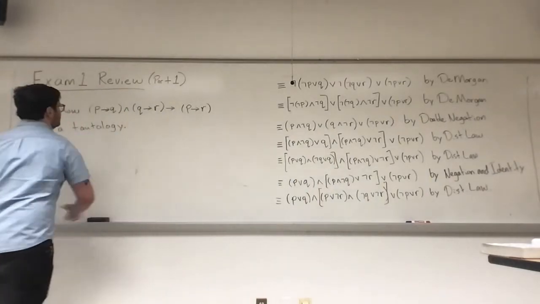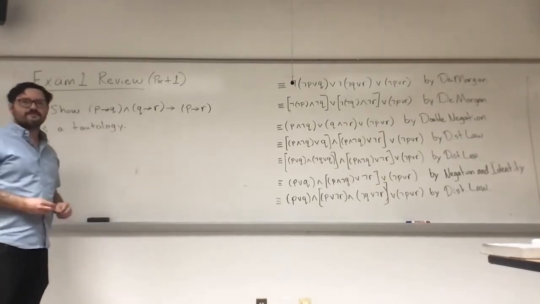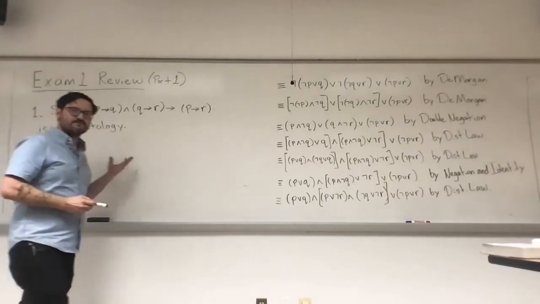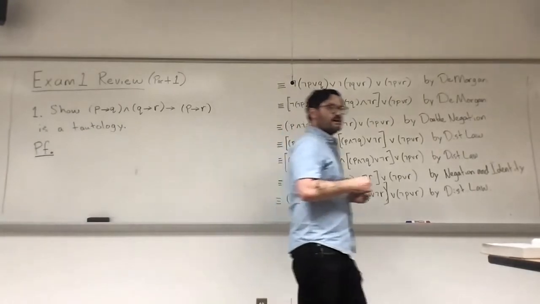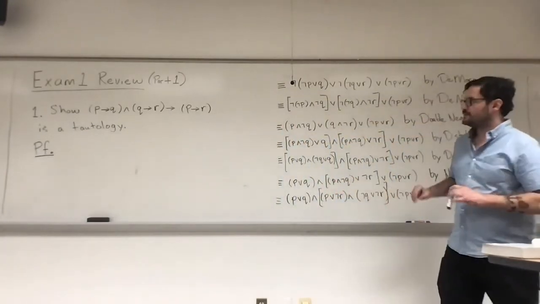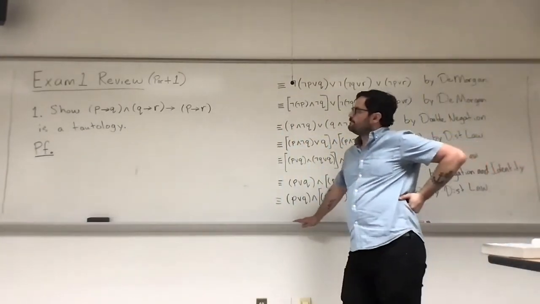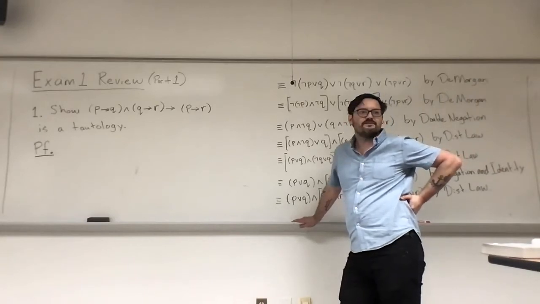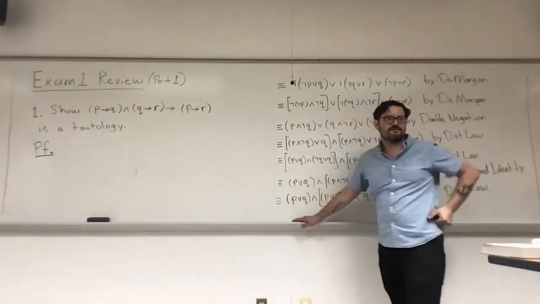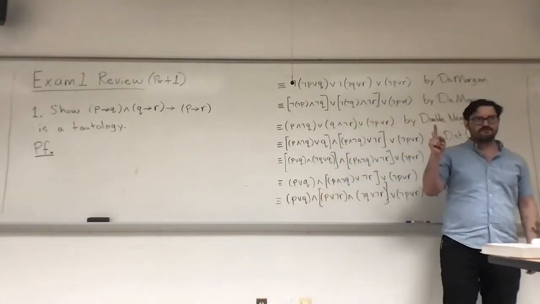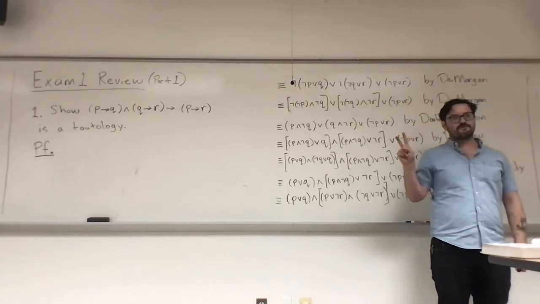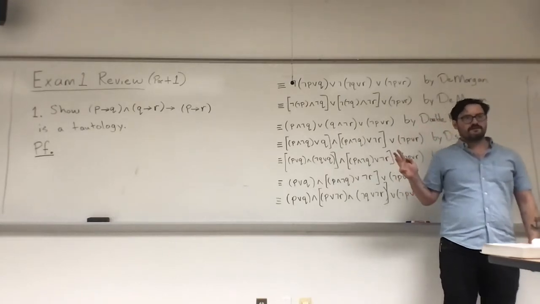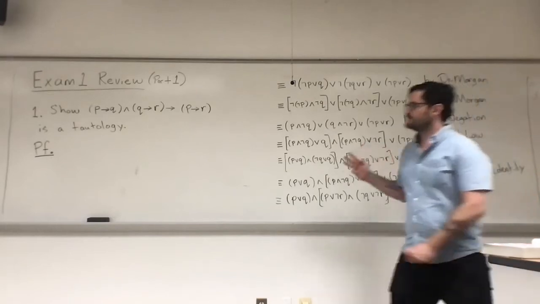All right. So we have a conditional statement, right? And we want to show that it's a tautology. So one thing that we can possibly do is suppose that it's false. What did we learn about proof techniques? There's three: direct proof, contrapositive, and contradiction, right?